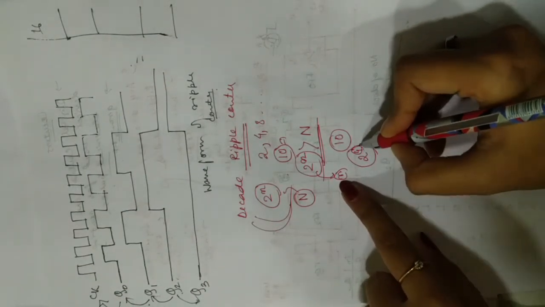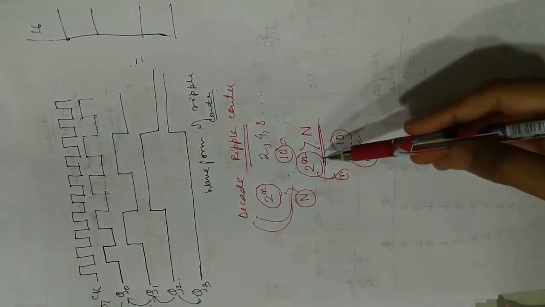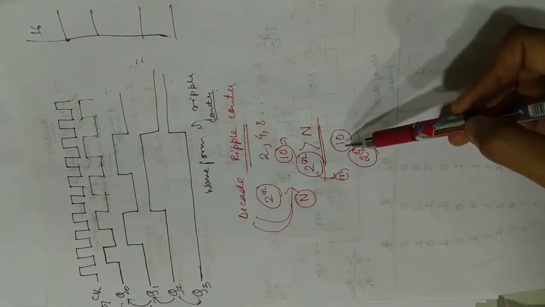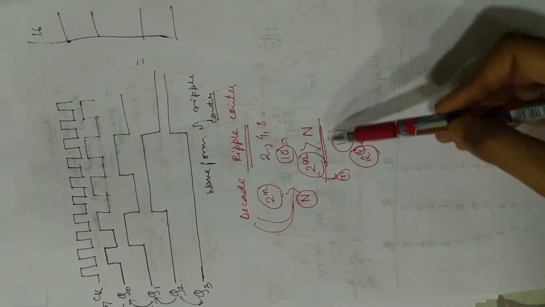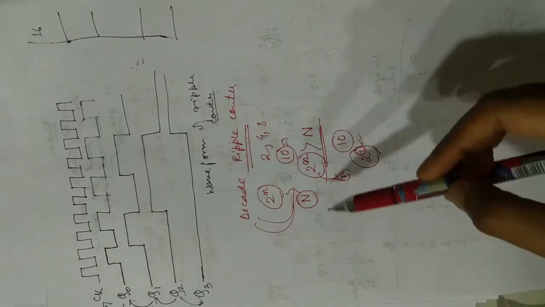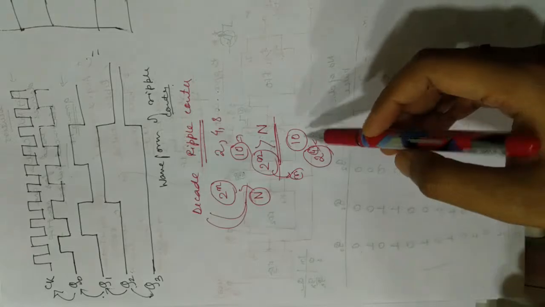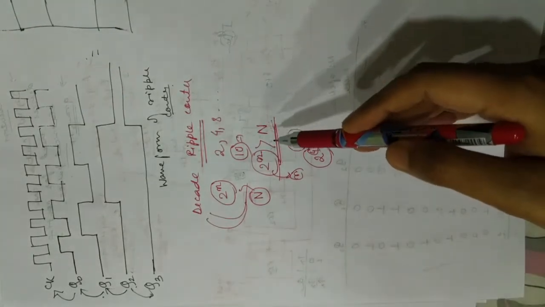So we need 4 flip-flops to create a mod 10 counter, because if it is 2 to the power 3 it becomes 8, and so this is not valid. But the moment it is 2 to the power 4, this becomes valid, and it is the least value of n for which this is right. So we can find the number of flip-flops we require to make a mod N counter.